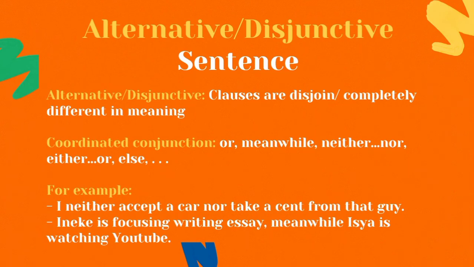For example, the second sentence: Ineke is focusing on writing an essay. Meanwhile, Isya is watching YouTube. The sentence shows that both clauses are completely different. The first clause shows that Ineke is focusing on writing an essay, while the second clause shows that Isya is watching YouTube, which has a different meaning.